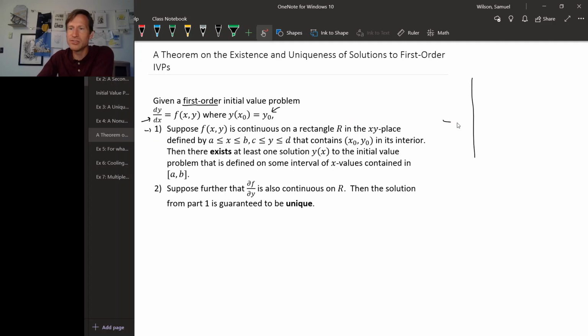So it all depends on the properties of this function f in the xy plane near your initial condition. So here's our initial condition, x naught, y naught.